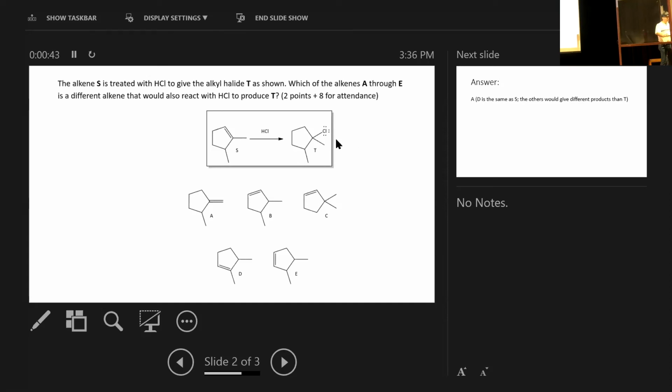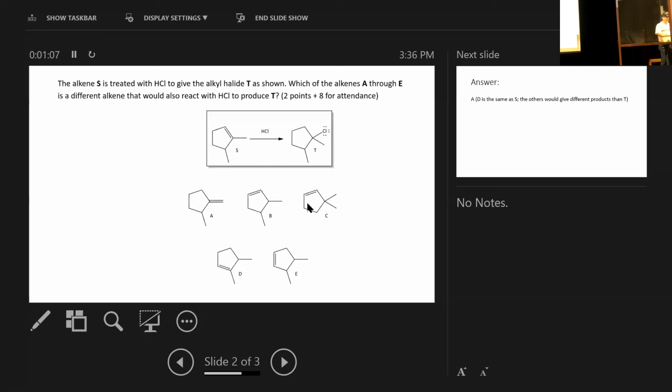The question is asking you to find a structure of a different alkene that also gives that same product with HCl. And you have questions like this on OWL, so I think this practice is good. So again, you're looking for a different alkene from this. I haven't started it yet. That's why it's not showing up. Here, let's do this.